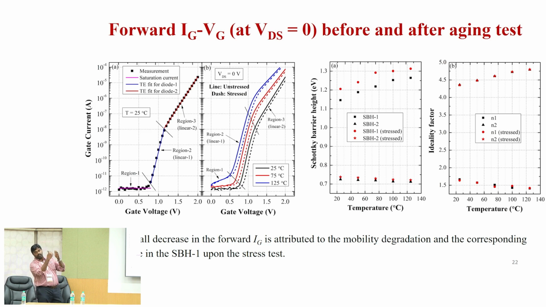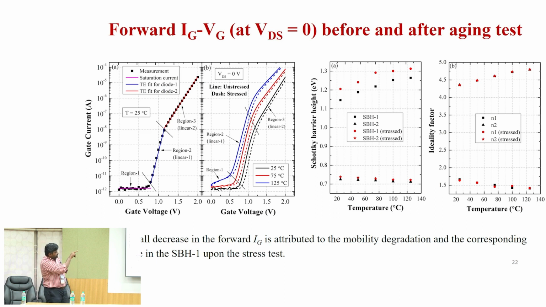When you are giving low voltages, current flows through the low barrier height, then after some voltage it will be equal. Generally two barrier heights were observed in silicon carbide Schottky barrier diodes earlier, but now they have rectified it. But here in this transistor we identified the gate Schottky diode with two linear regions, so two different barrier heights.